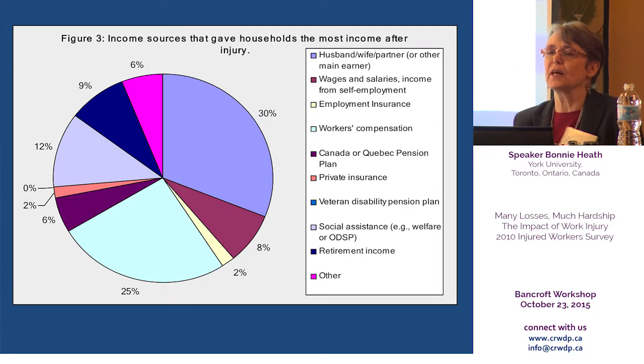The whole issue of household income and where it comes from has been very important to the injured worker community as well, and with good reason, although I don't know that they would necessarily see this as the good reason. There's a whole body of social policy literature that suggests that different welfare states do things differently.